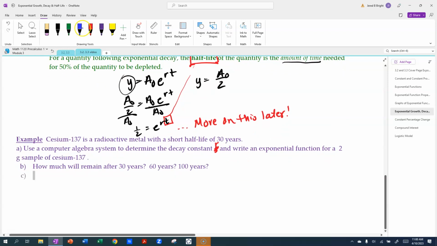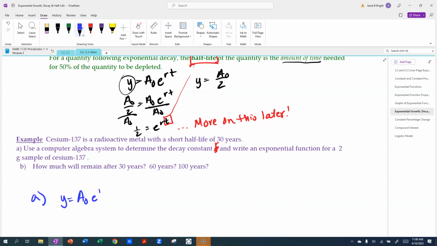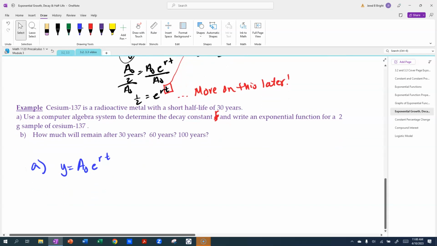Before I go any further, what I'm going to be writing is going to look like y is equal to A naught e to the RT, and in this, I already know what A naught is, 2 grams. Then e, then I need a number, and then t. So I just need to figure out what that number is.